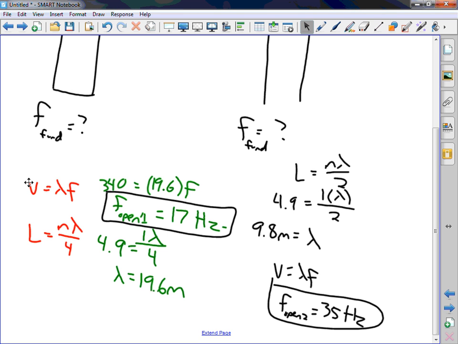Where the open on both ends can play the first, second, third, fourth, fifth harmonic, the closed on one end, you can hit really, really low notes, but you can only play the first, the third, the fifth harmonic, and so on, the odds. You can't play the even harmonics. You have to skip notes.